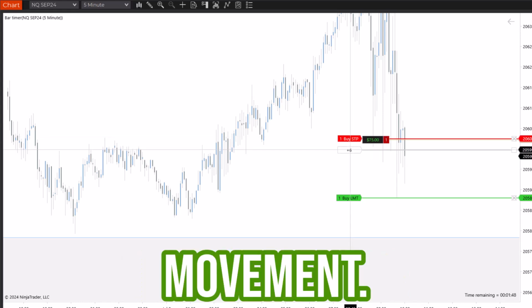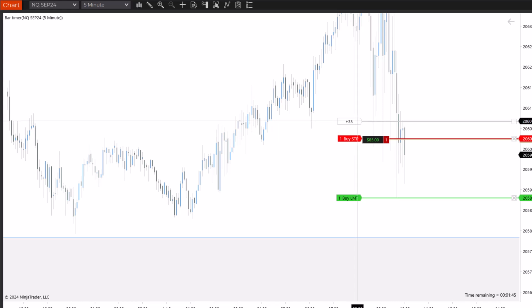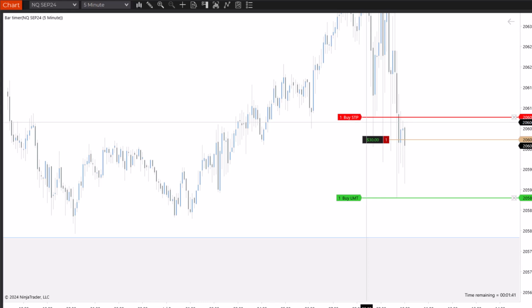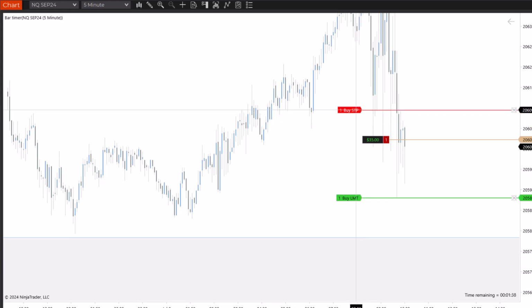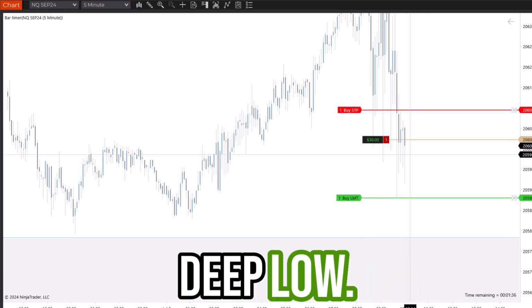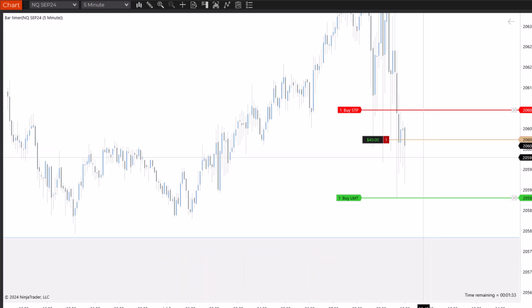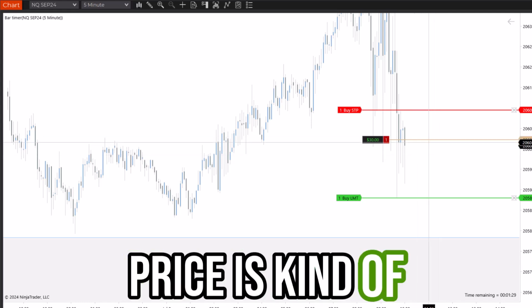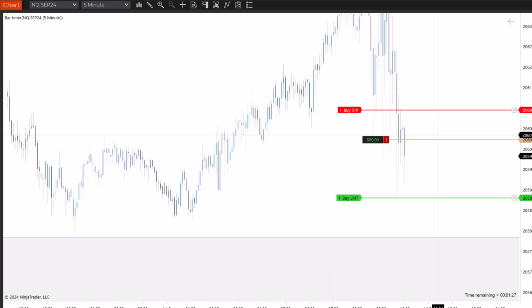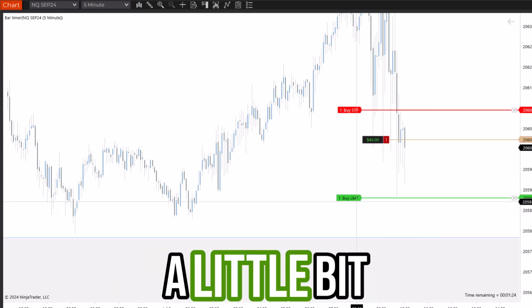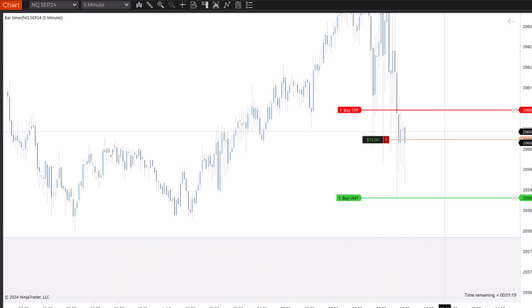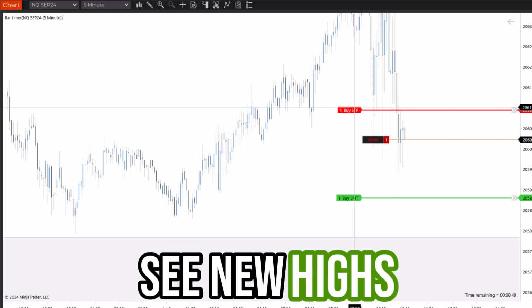I don't like this movement. It did just create a pretty deep low, and it looks like price is kind of rejecting in an area. We want it to go a little bit further though. Don't want to see new highs being formed.